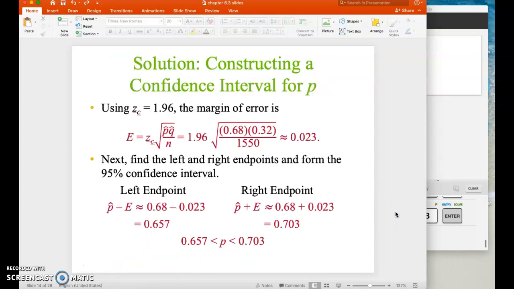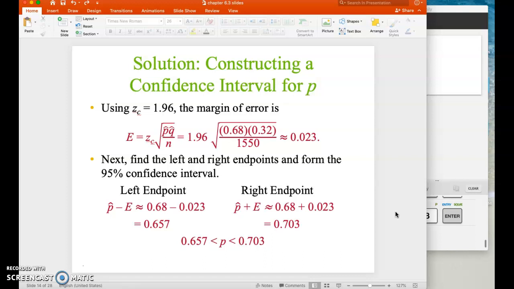Using our critical z-value of 1.96, which we get by using the inverse norm function on our calculator, we can use that to find the margin of error by substituting in the values for the critical z-score, P hat, Q hat, and N to end up with a margin of error equal to approximately 0.023. Using that margin of error, we can now find the left and right endpoints and form the 95% confidence interval.